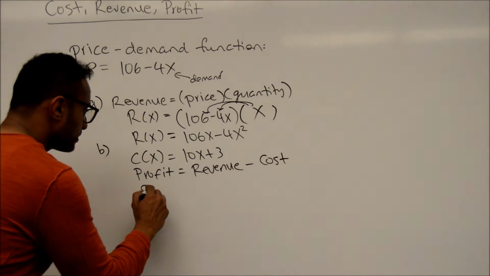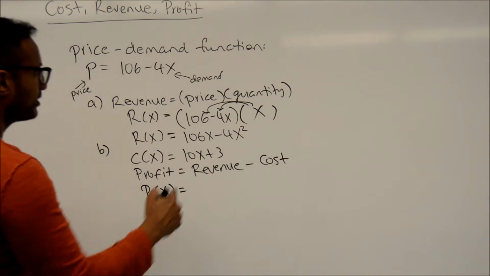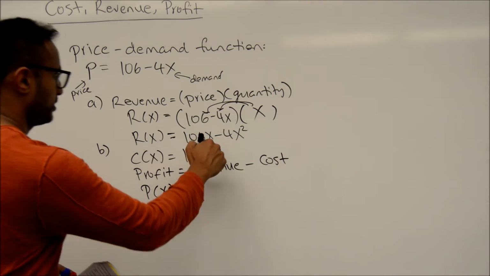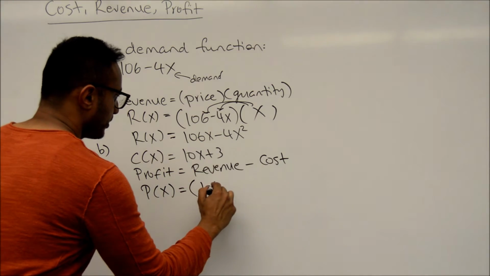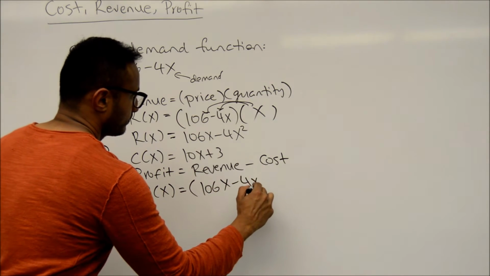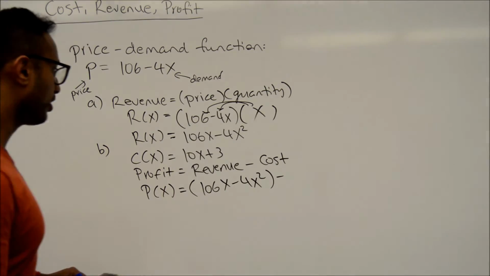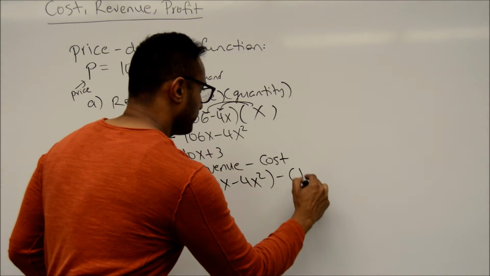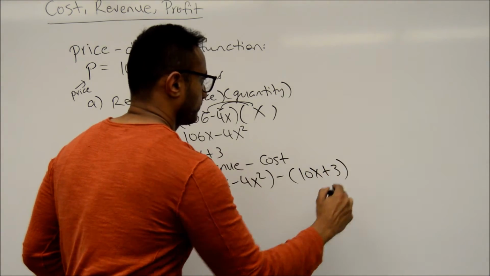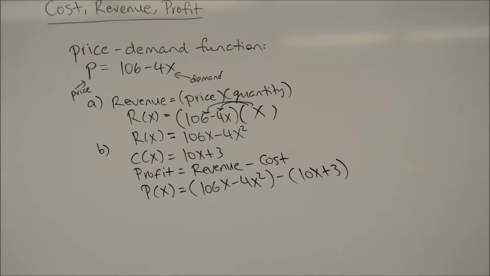Okay, so in this case, our profit, P of x, is going to be the revenue, which is 106x minus 4x squared, minus the cost, which is 10x plus 3. So we have profit equals the revenue minus the cost.